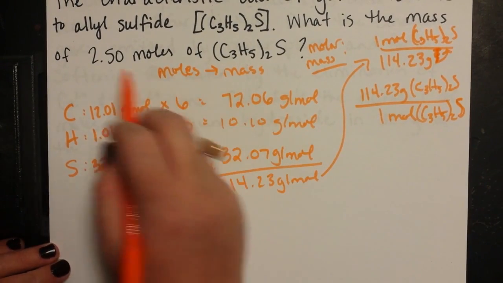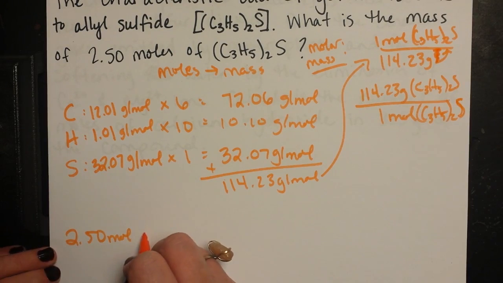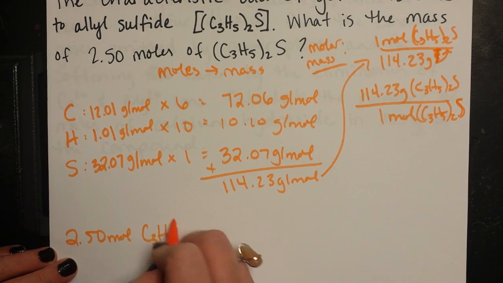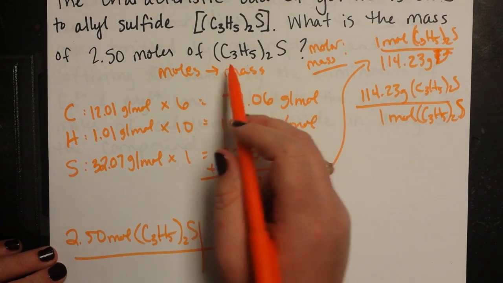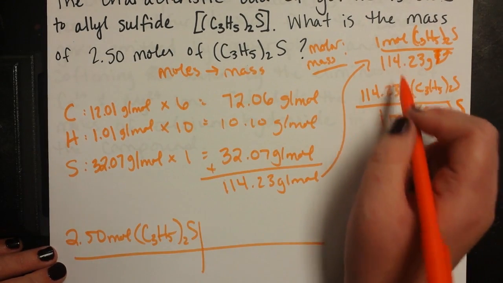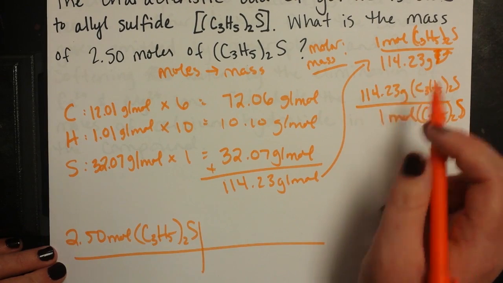We're going from moles to mass, and I know that I've got 2.5 moles of allyl sulfide, C3H5 2S, and I want to get into grams, or mass. So I'm going to figure out which of these 2 conversion factors is better for me to multiply by.